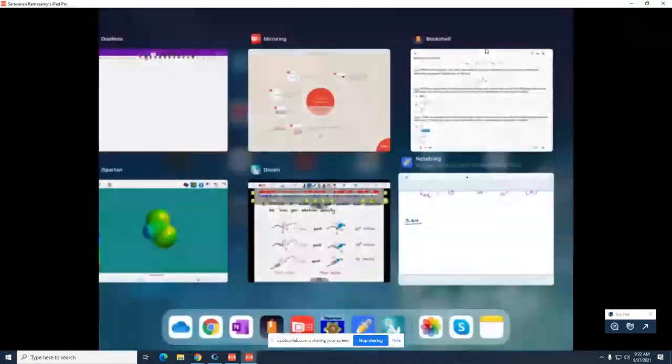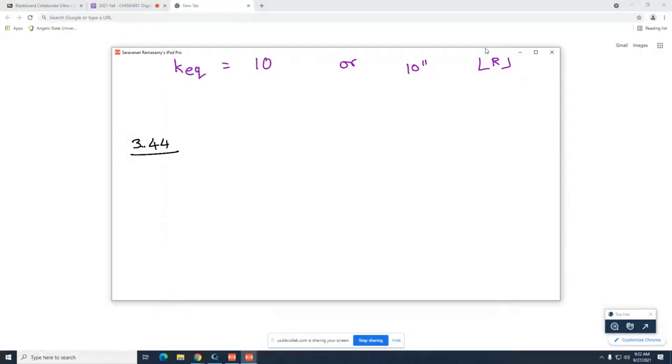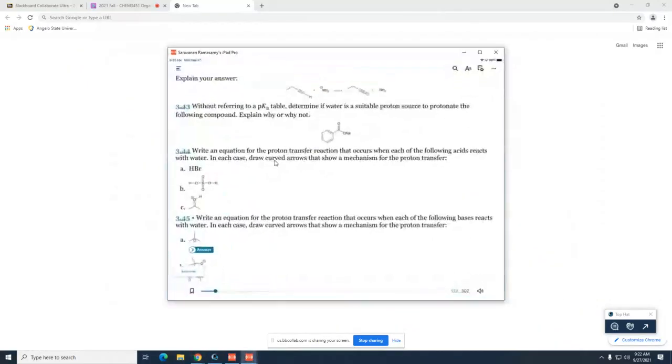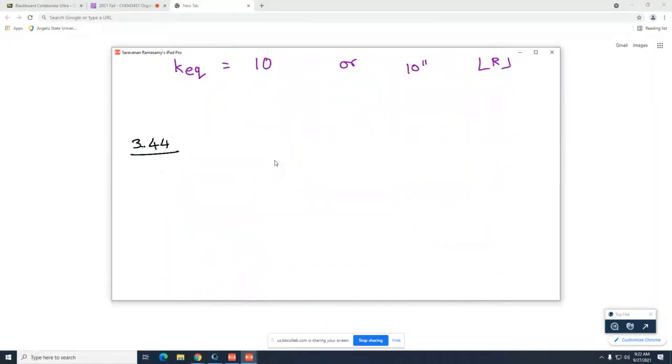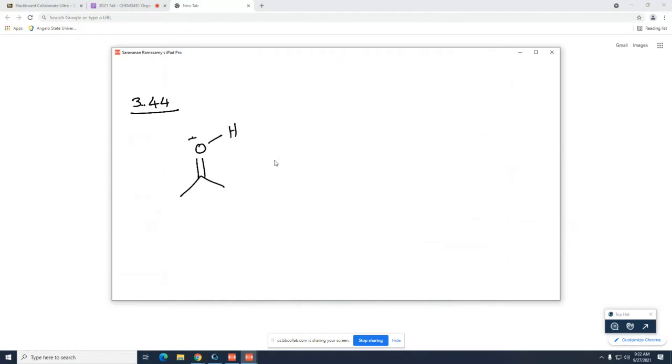Let's just choose one and quickly draw that. Let's choose this protonated acetone and react it with water.